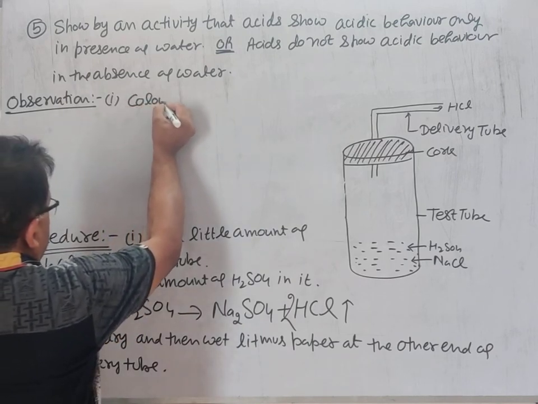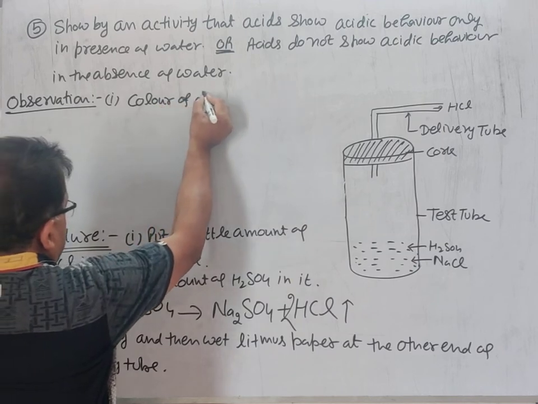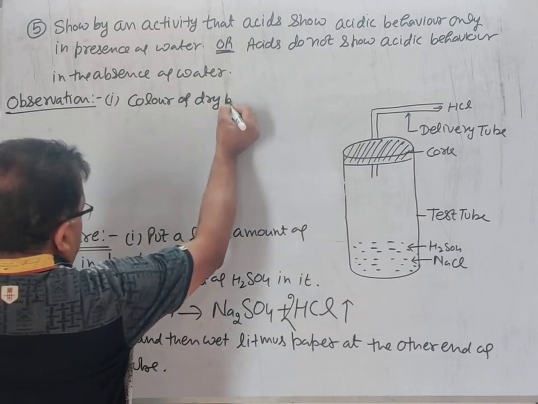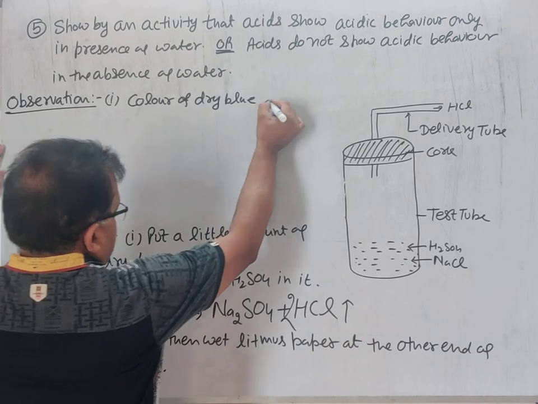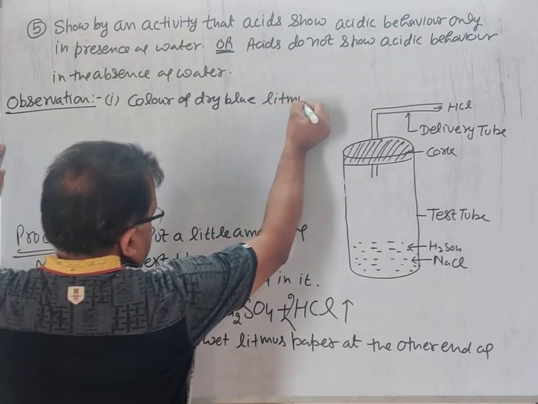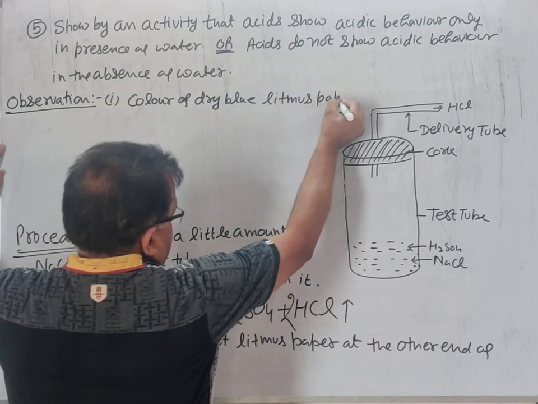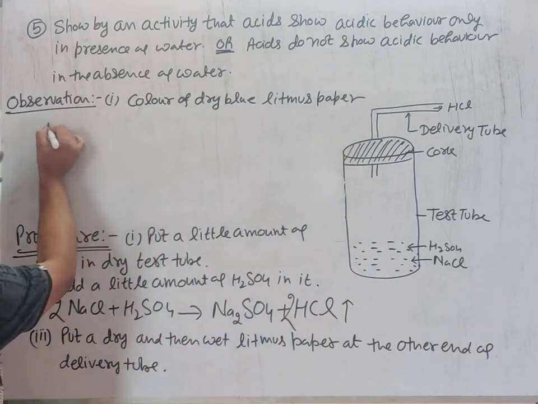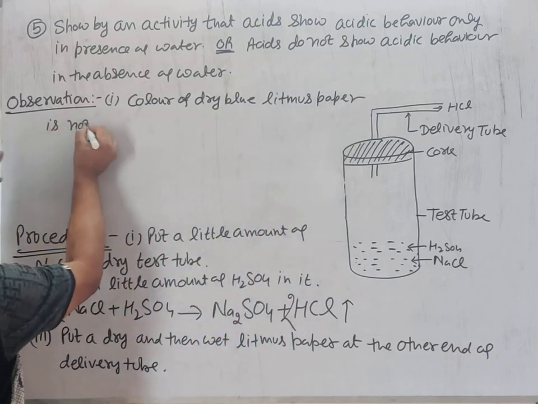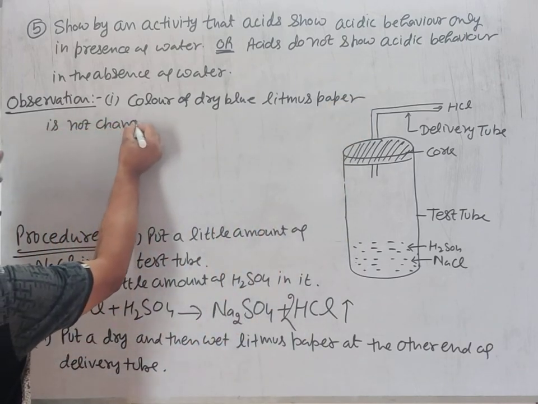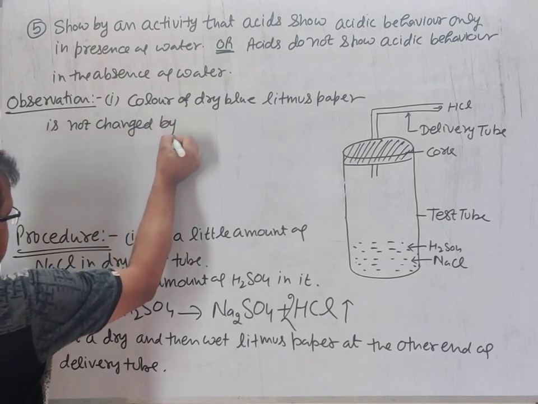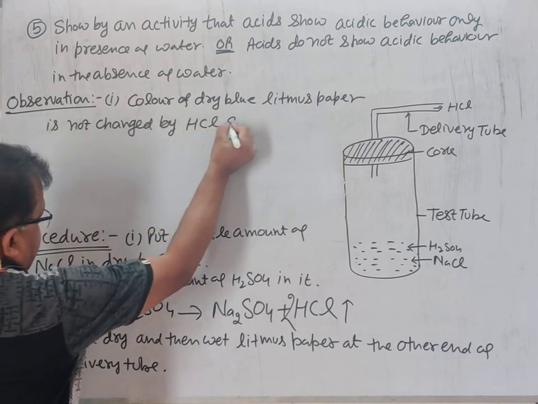Color of dry blue litmus paper is not changed by HCl gas.